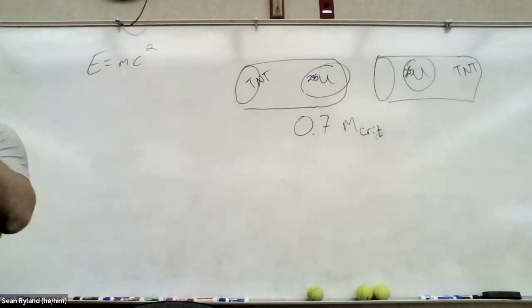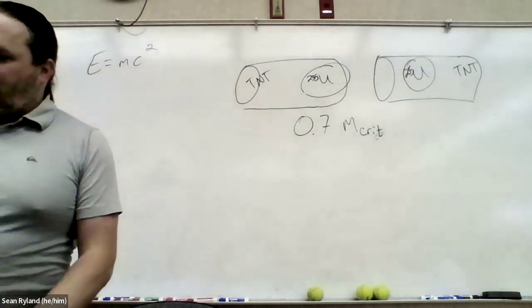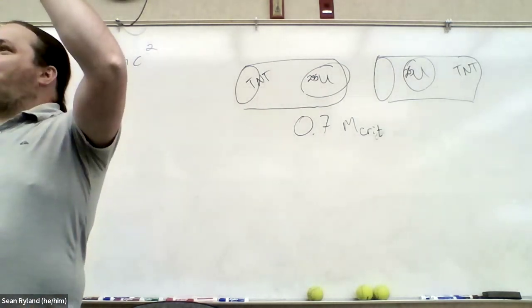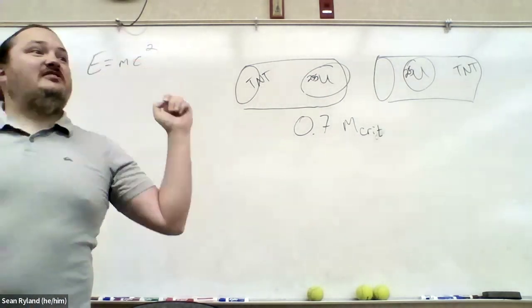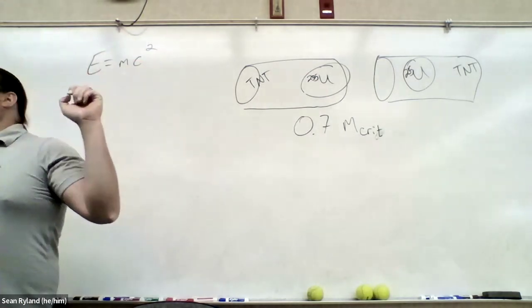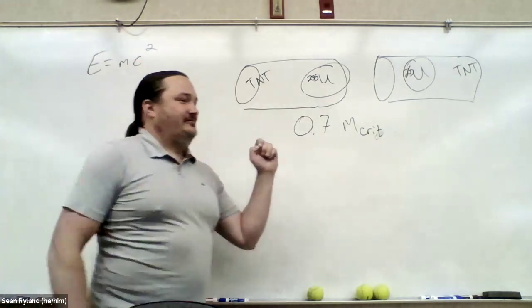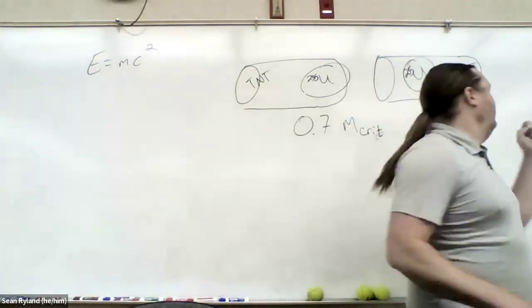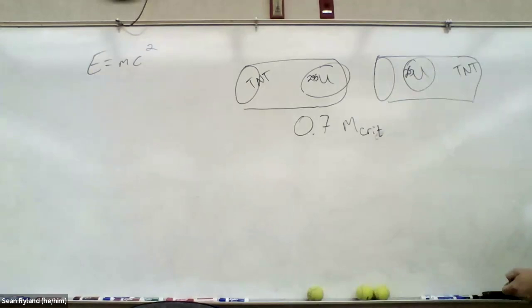Well, they have about that much in each of them. The way smoke detectors work is you take a small radioactive sample and you put it over here. It's going to give off alpha particles. And then you have a detector over here, a Geiger counter.